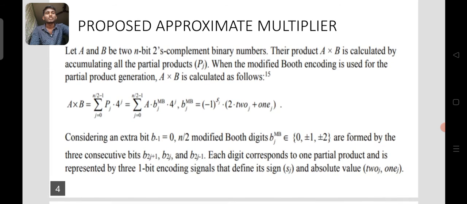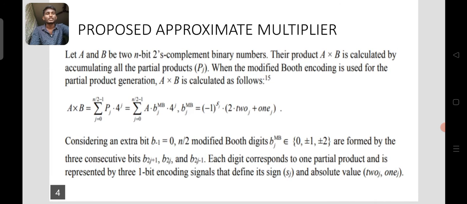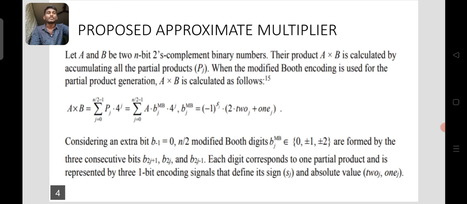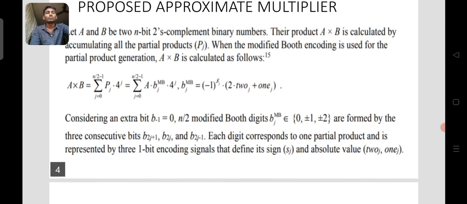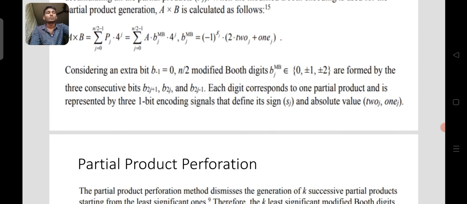Each digit corresponds to one partial product and is represented by three 1-bit encoding signals that define its sign and its absolute value, 2 or 1.